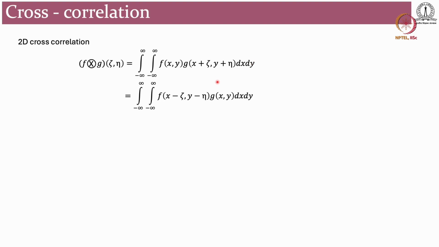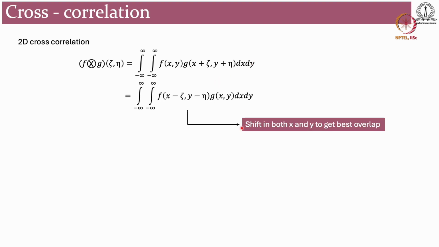Now if you shift in both x and y, then we can write f of x minus zeta and y minus eta and g of x and y, and this should give the cross correlation and the shift in both x and y to get the best overlap.